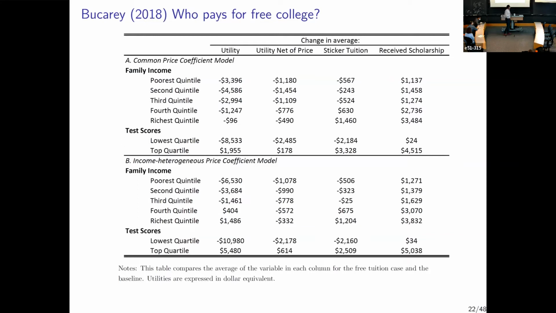On the other hand, poor people end up going to worse schools, but they also receive a positive scholarship, meaning that they're paying less than before. But the key thing, and that's why these numbers are negative, is that the overall efficiency of the allocation went down. If you take the utility net of price, for every quintile the average is negative.